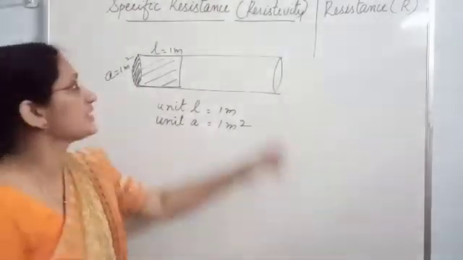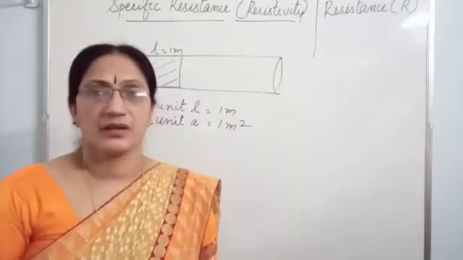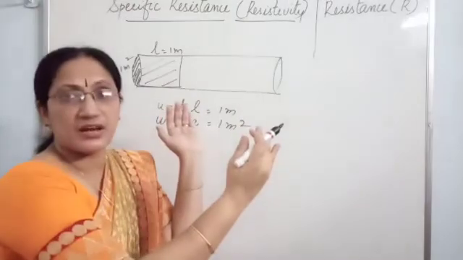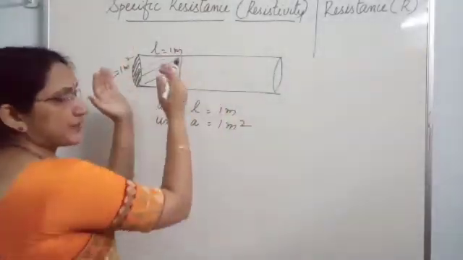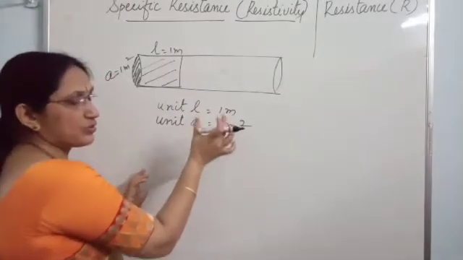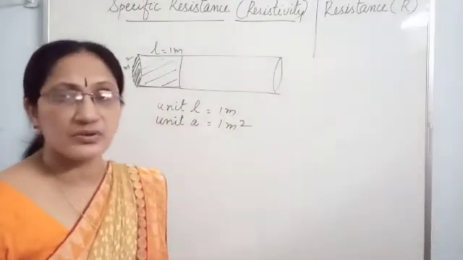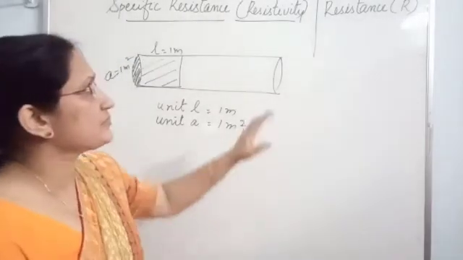That resistance we call as specific resistance. How much is the total obstruction provided by the material? That is known as resistance. How much resistance is provided by unit length of wire having unit area of cross section? That is known as specific resistance.